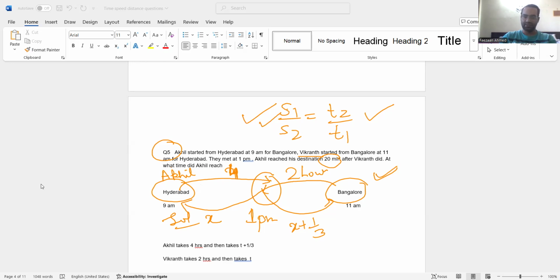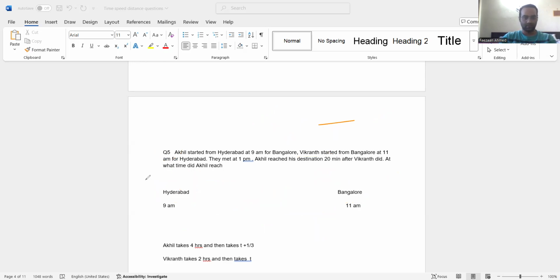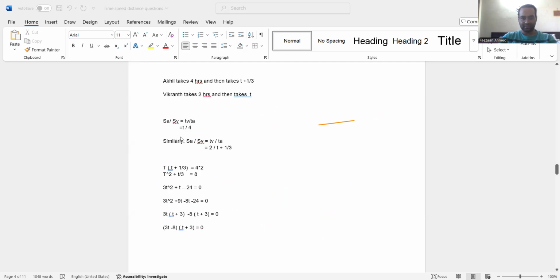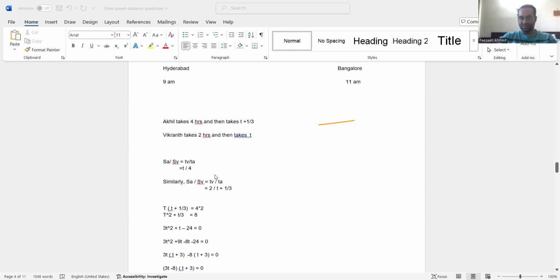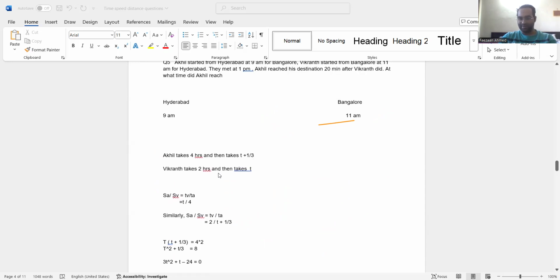So I'll just quickly remove this. What happens? You make S1 by S2 equal to T2 by T1, and you get t by 4. Why? Speed of Akhil by speed of Vikrant.